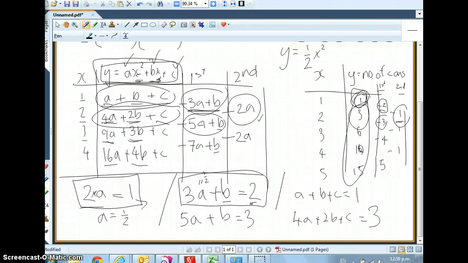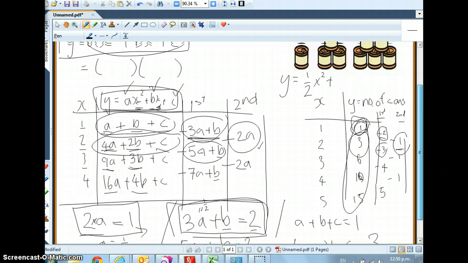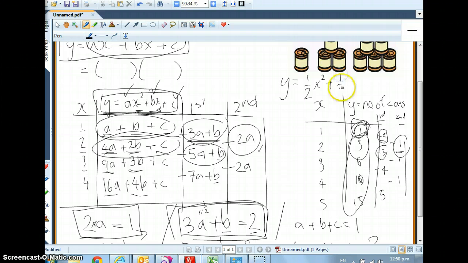So I'm running out of places to write, but b is also equal to a half by solving this equation. So in my general formula, b is also equal to a half of x. I'm just following this ax squared plus bx, and now I'm going to figure out what c is.